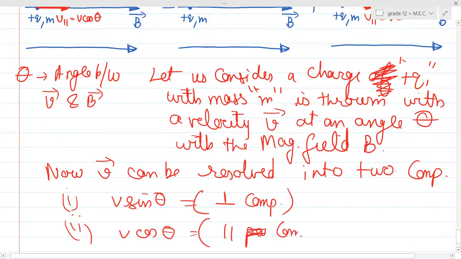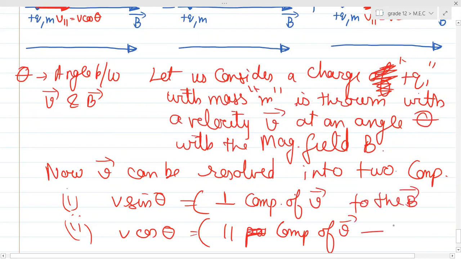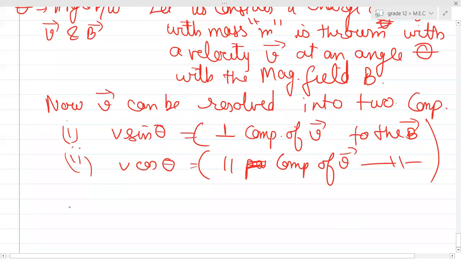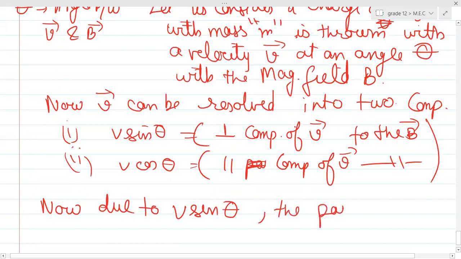Please remember, parallel and perpendicular component of the velocity to the magnetic field. Write it like this, completely. So this is parallel, perpendicular. Now, due to v sin theta, due to the perpendicular component, the particle will be subjected to a force.